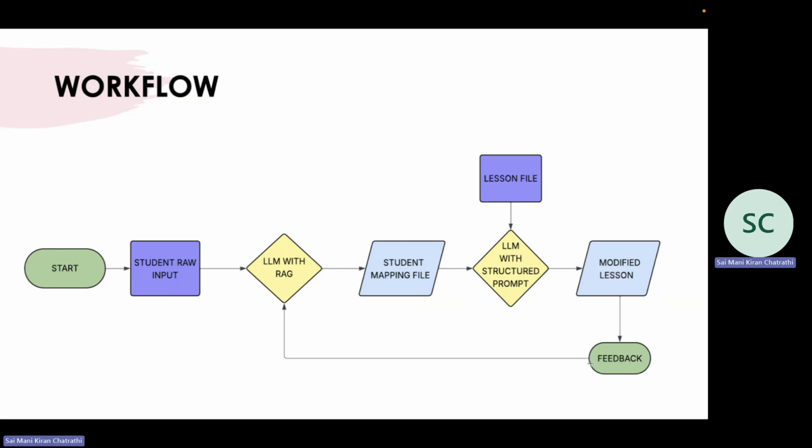Also, one more thing I want to include in the improvements: in the modified lesson generation, for some particular students, it's better to include a video which is a visual representation of the lesson.